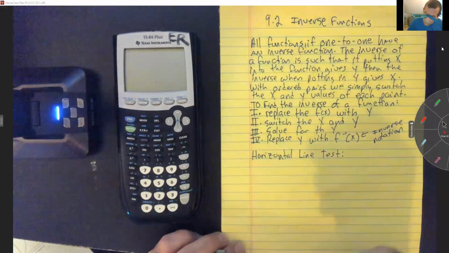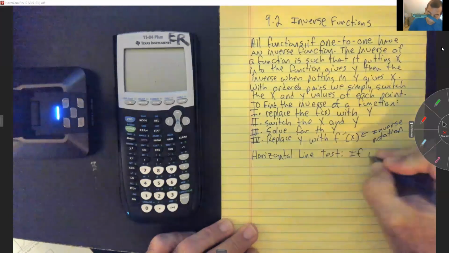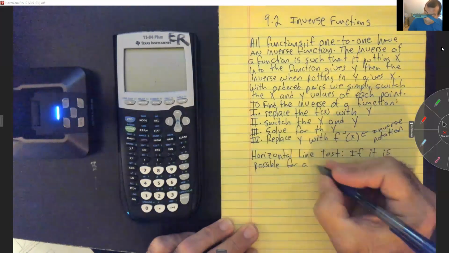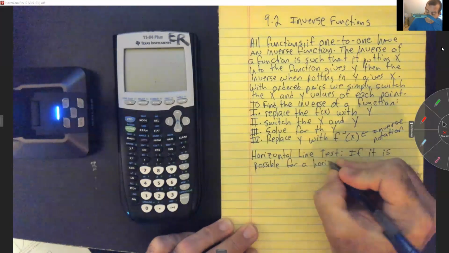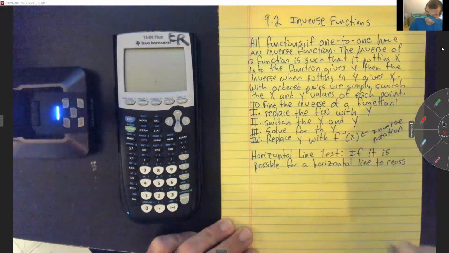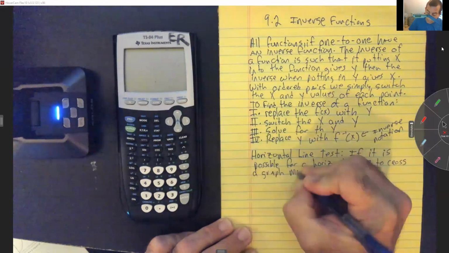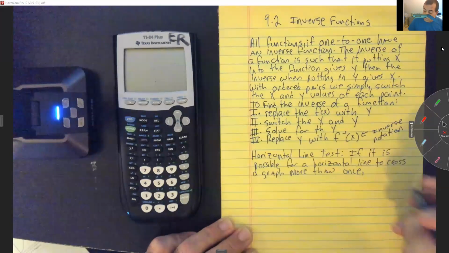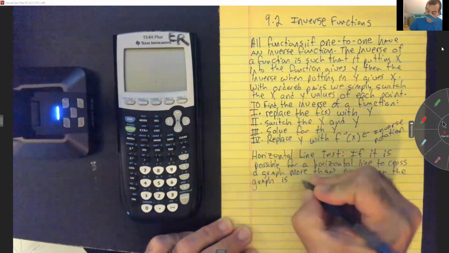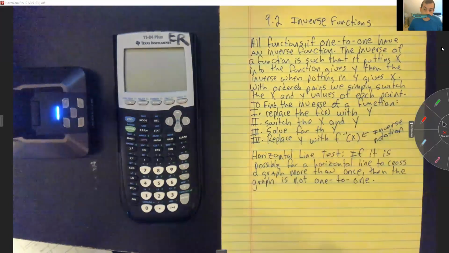So the horizontal line test says if it is possible for a horizontal line to cross a graph more than once, then the graph is not one-to-one. Okay, so it can only hit my graph one time to be one-to-one.